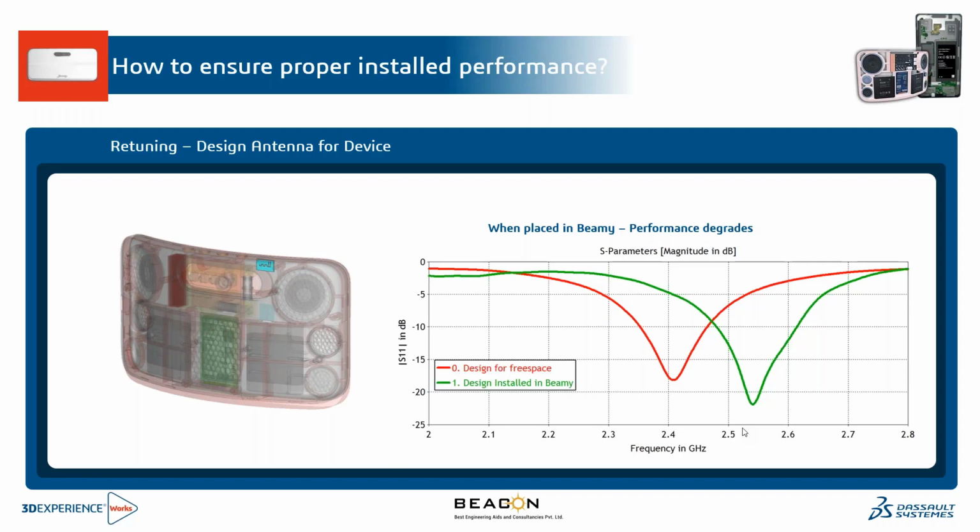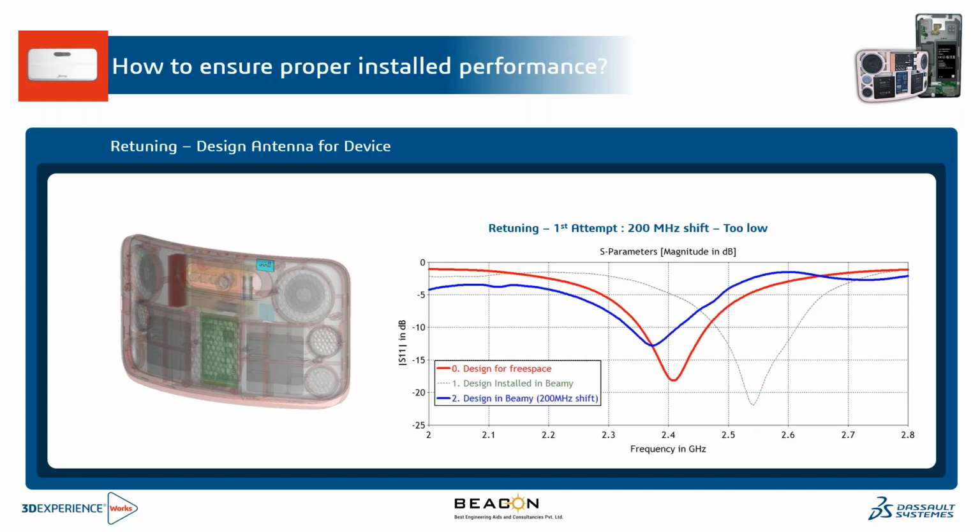Initially they would have bought the antenna which is specifically designed for a certain frequency, but later on, once it is positioned into the assembly, it deteriorates. So it is of no use next time. Customization here fits well for this kind of application where you are dealing with a completely new product design. So now, since it is deteriorating, the next challenge for us is to get it back or retune it to the frequency we are looking for.